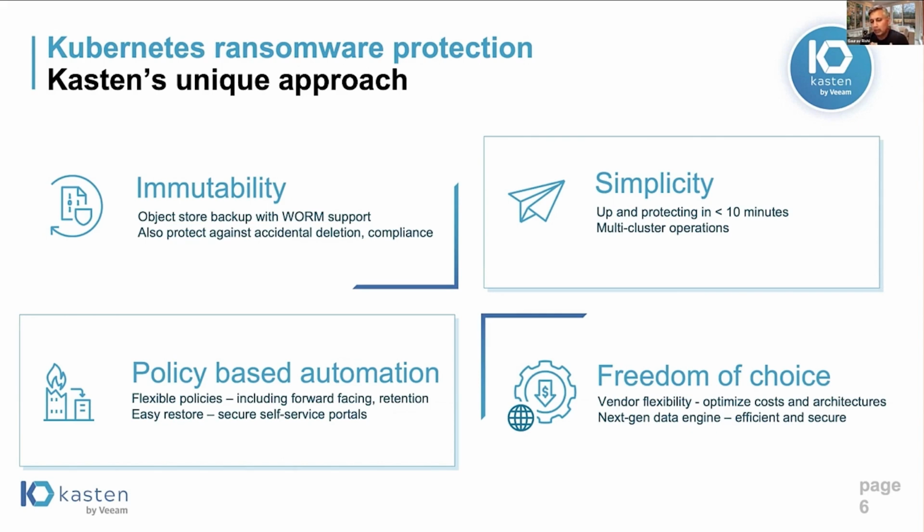So Kasten K10 can operate only on things that you have given it explicit permission to work on. It runs in the same cluster where your applications are running, and the data stays with you, or wherever you want it to be backed up to, if you decide to use applications like DR and move it to an offsite, which is a good location.